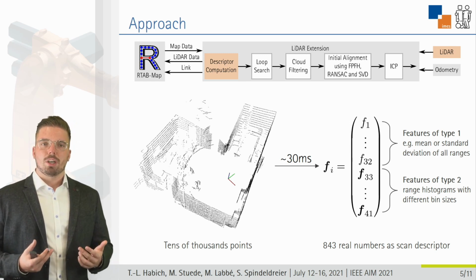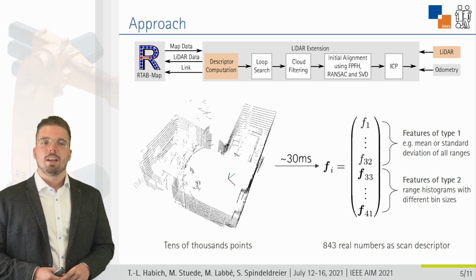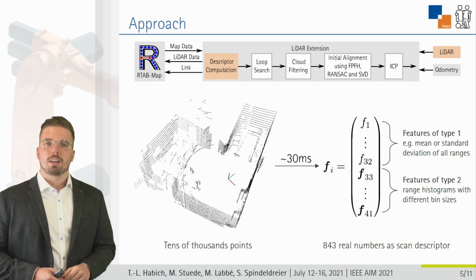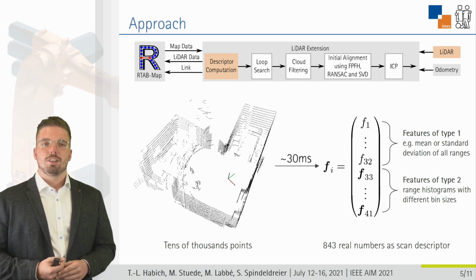With our chosen parameters, we were able to describe the high-dimensional scan with 843 real numbers. To predict whether two point clouds come from the same location, our extension uses a trained AdaBoost classifier.